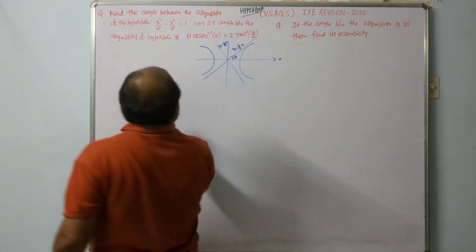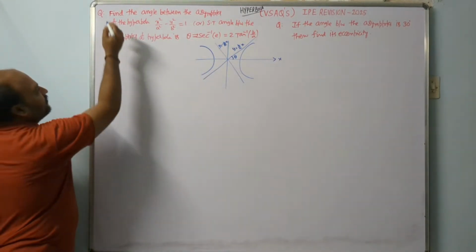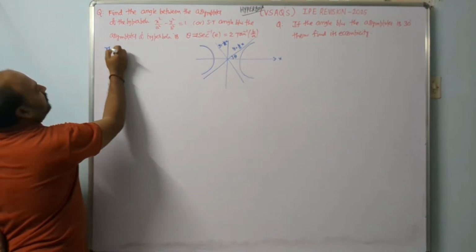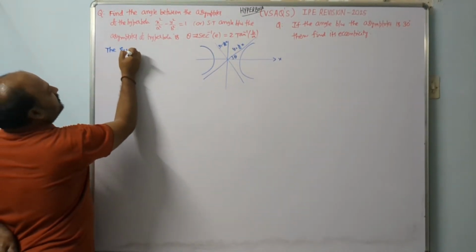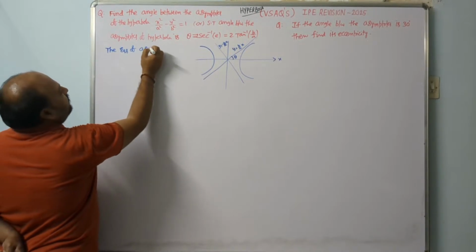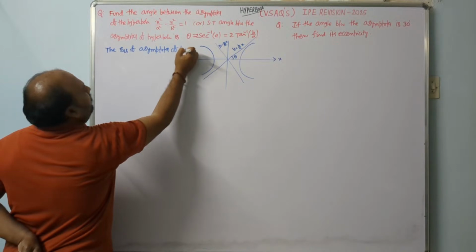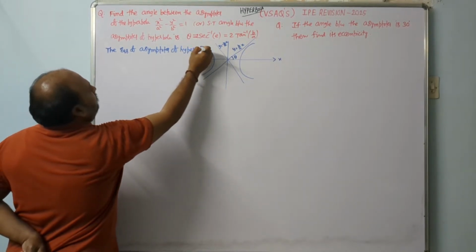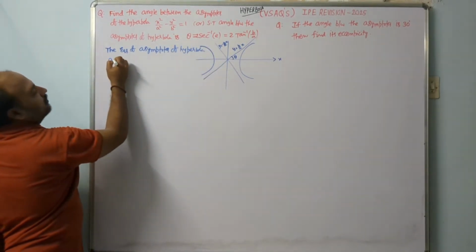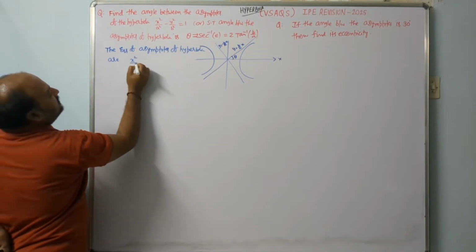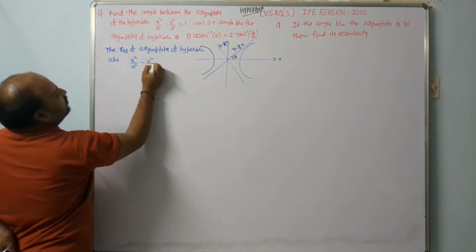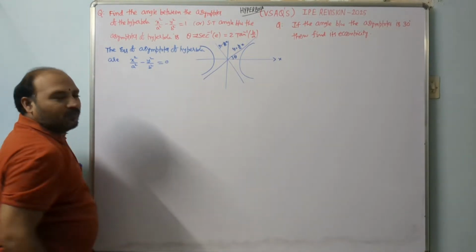Sir, how does it come? I will tell you. The equations of asymptotes of hyperbola are x square by a square minus y square by b square equal to 0.